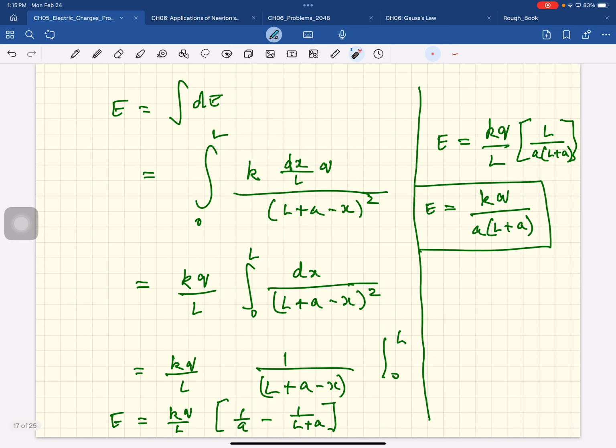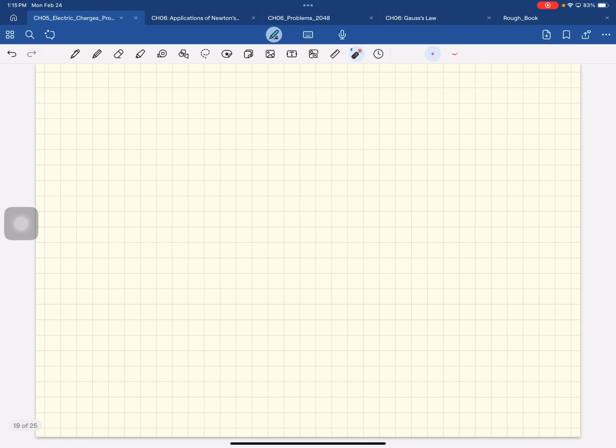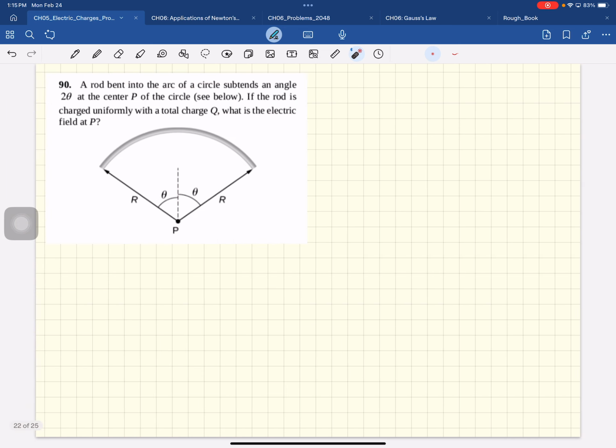So it has the right limits. All right, guys, we'll stop here. That problem is simpler.